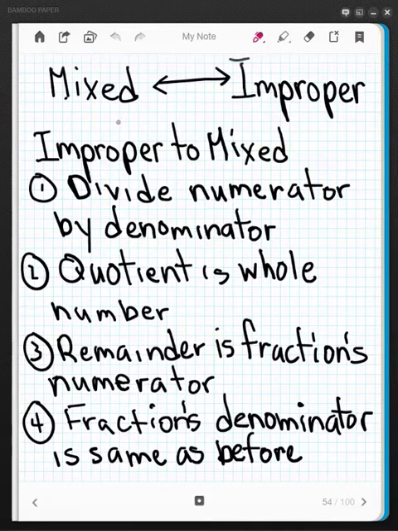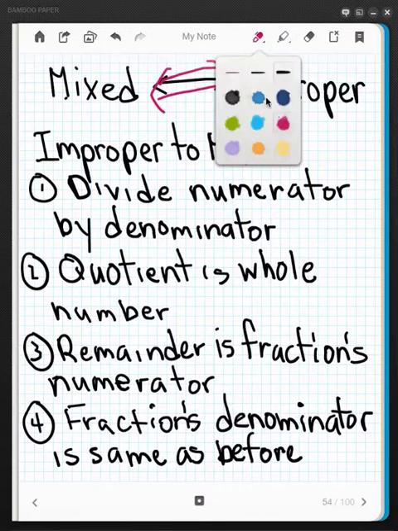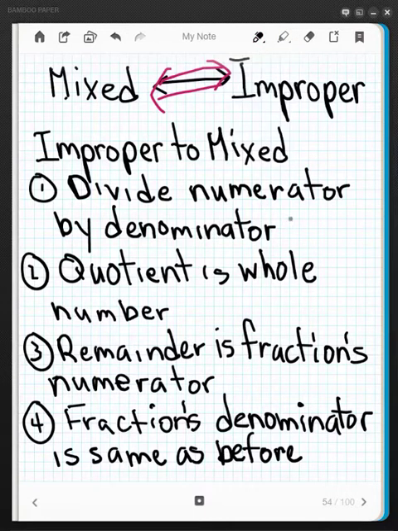You can move from a mixed number to an improper fraction. That's this part of the double-headed arrow. And you can move back to a mixed number from an improper fraction. We're going to start first with an improper fraction and change it to a mixed number. In order to do that, we have to have our division well in hand, so we have to be able to divide the numerator by the denominator.